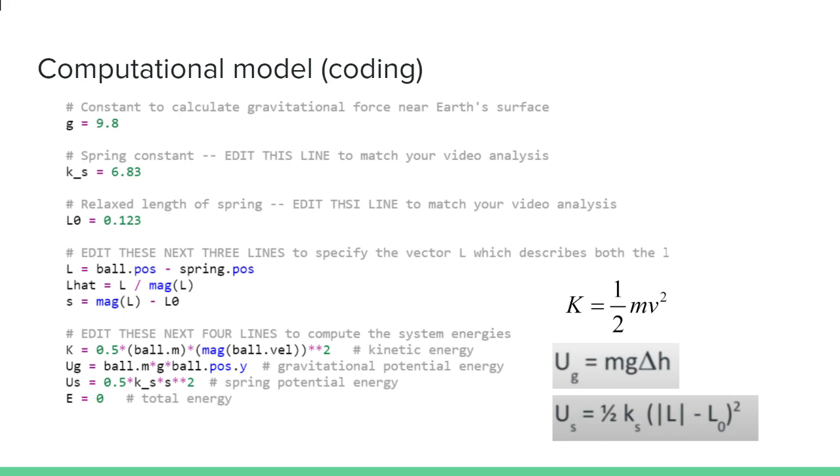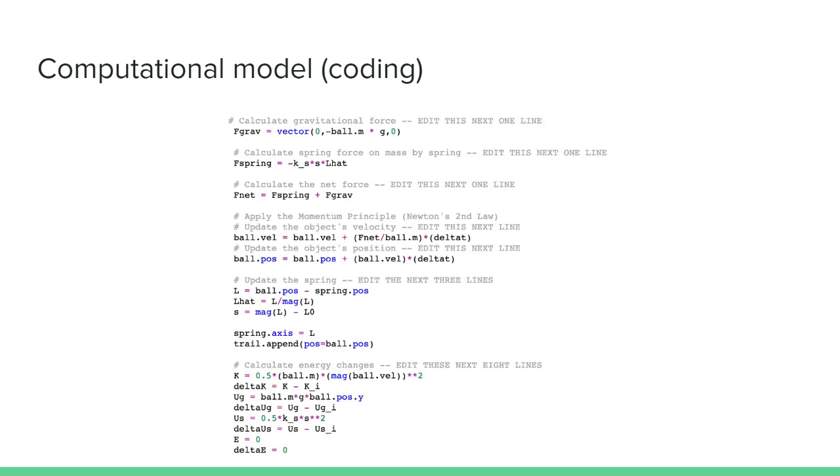Here we see that I changed the spring constant to 9.83 and the L naught to be 0.123. In the bottom, I calculated the three different kinds of energies using the energy formulas for each of them. Here I had to find the net force on the object, which was found by adding the force of gravity and the force of the spring.